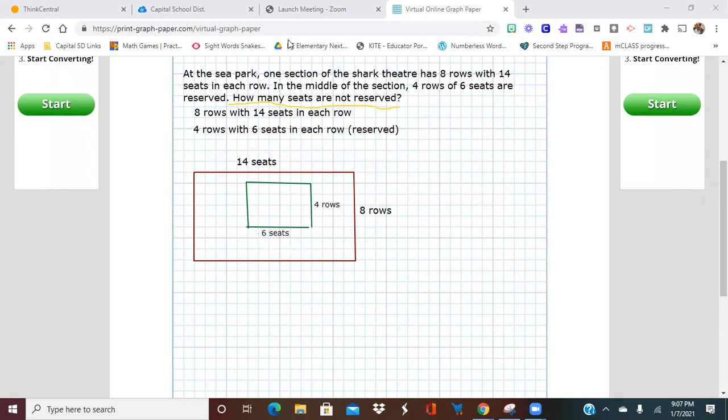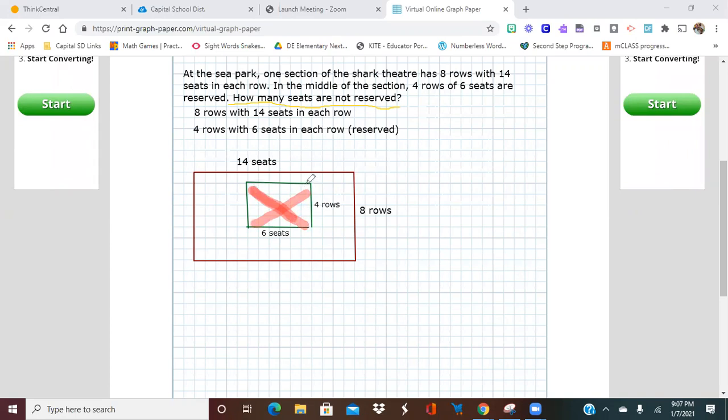Now that I have my picture drawn, and you should have yours drawn too, I want to find out how many seats are not reserved. So, how many seats are not inside my box I just X'd off, because I don't want to count those. To do that, I'm going to have to start by finding out how many seats I have all together.